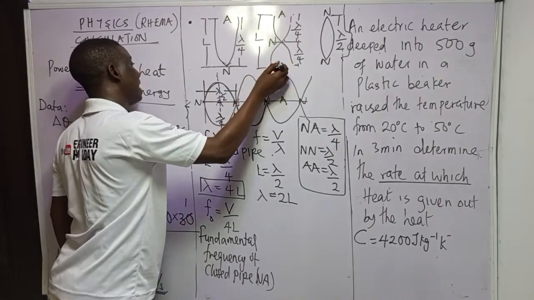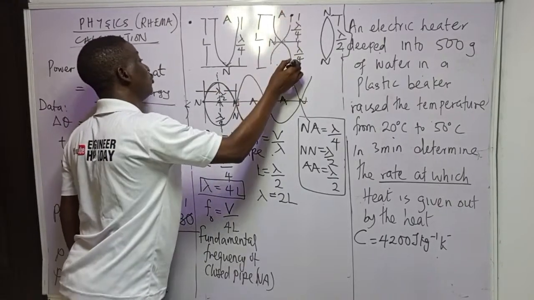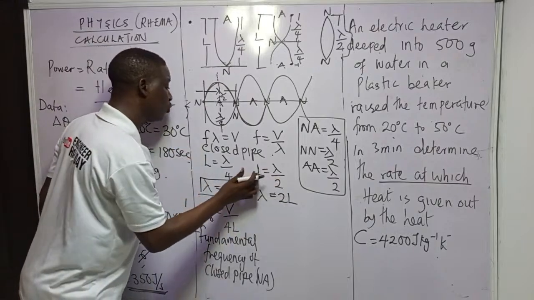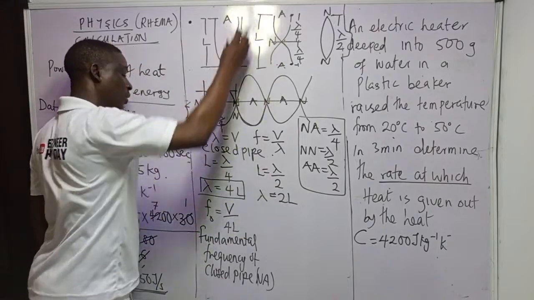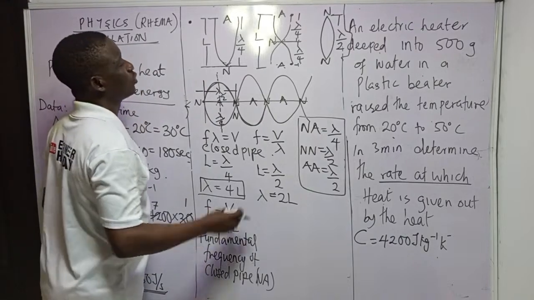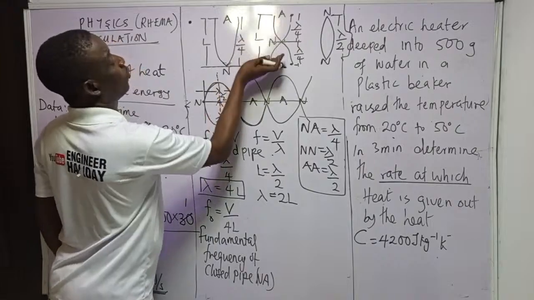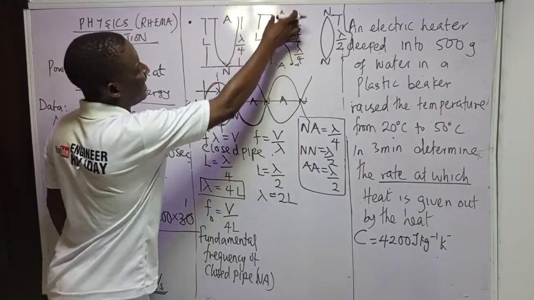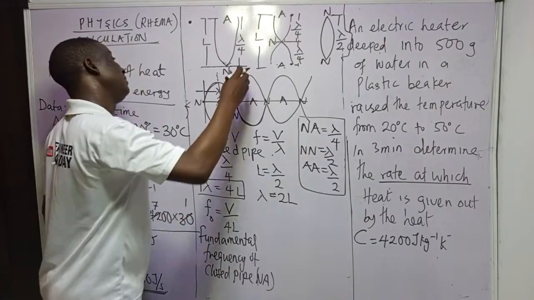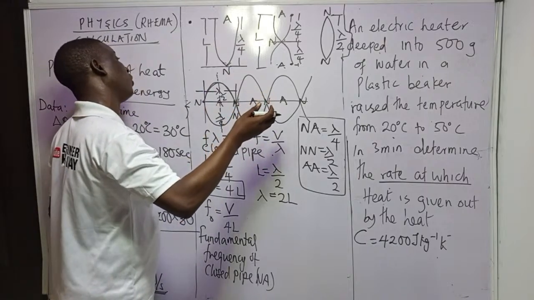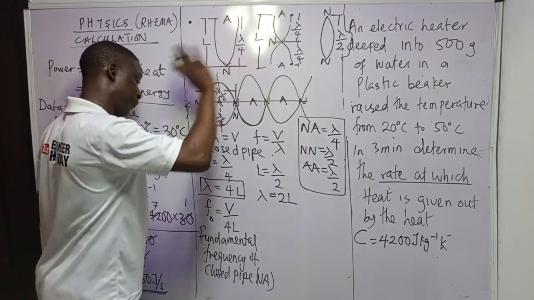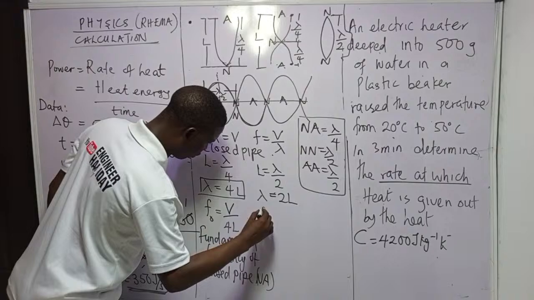From here to here is lambda over 4, and from here to this place is lambda over 2. You cannot draw this diagram for the two ends to be open with less than this. The least length of the diagram you can draw is this one, or the largest wavelength that you can produce is for this particular fundamental frequency. So what would I have now?